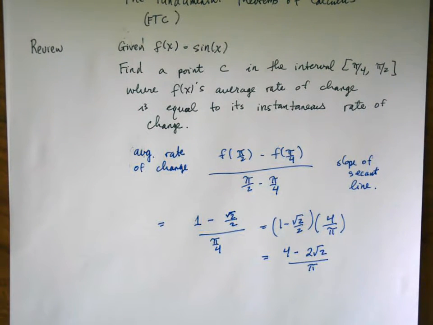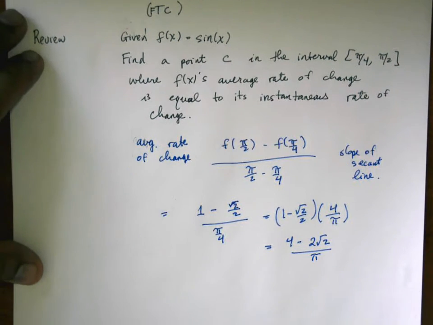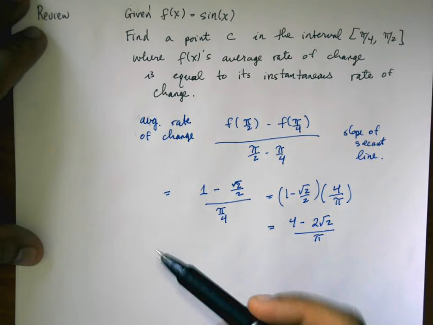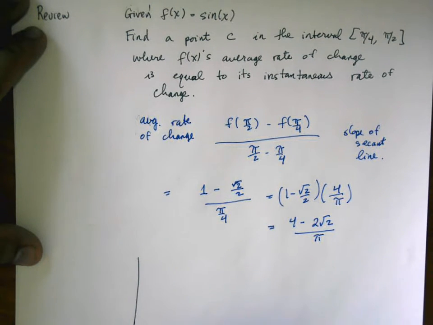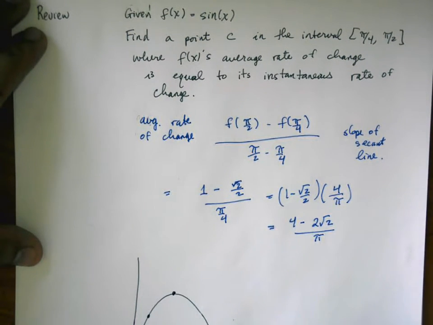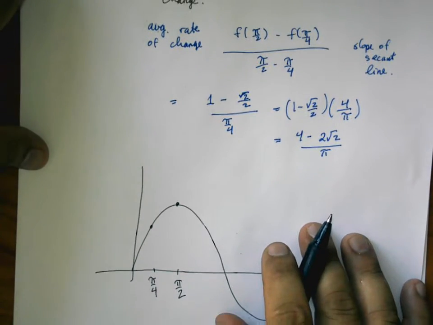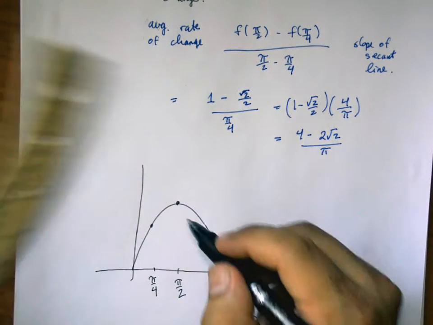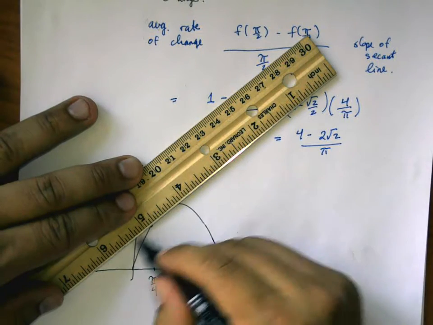We want to find some point here where the instantaneous rate of change is equal to the same thing. So let me just draw you a picture. This is the sine function. Pi over 2 is right here. And pi over 4 is right here. And that's this point. And this is this point. Whoops, I'm drawing way off the screen here. And what we're really saying is here, there's a slope.